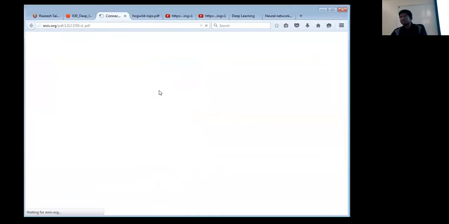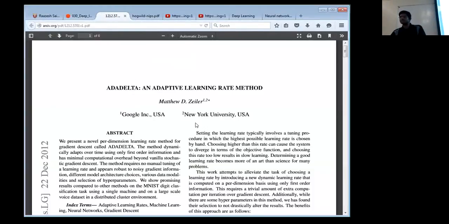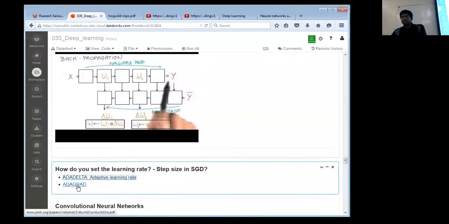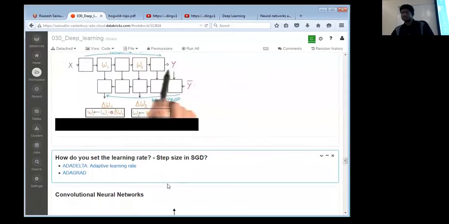If you're interested, you can go through this, and they talk about how they set the learning rate. So this is adaptive. Again, it's not fixed. They adapt this based on data. This is written by somebody at Google. This paper also is about adaptive learning rate. This is also written by somebody else from Google, but H2O AI uses ADADELTA to set its step size.